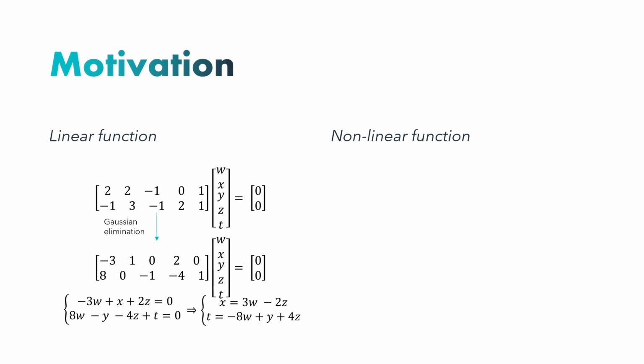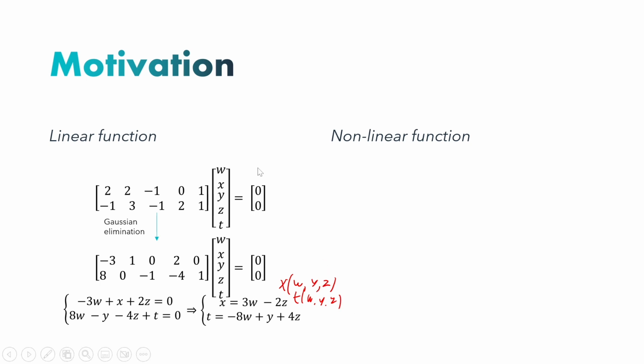And so what you can see is that they have become functions of w, y, and z. So x completely depends on w, y, and z, and so does t. T also depends completely on w, y, and z.